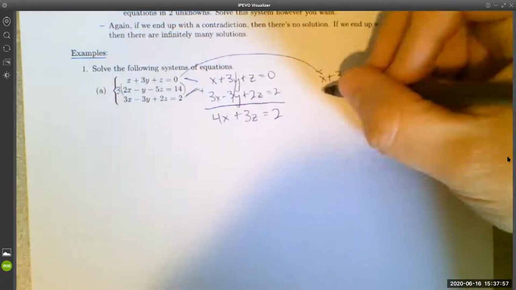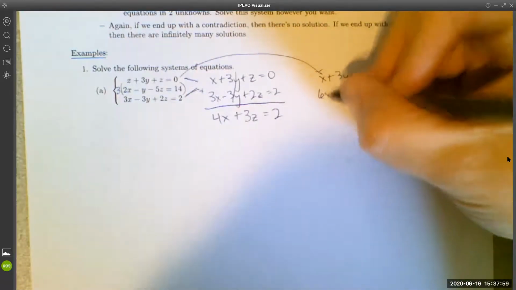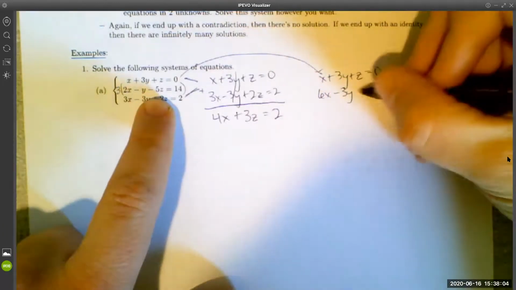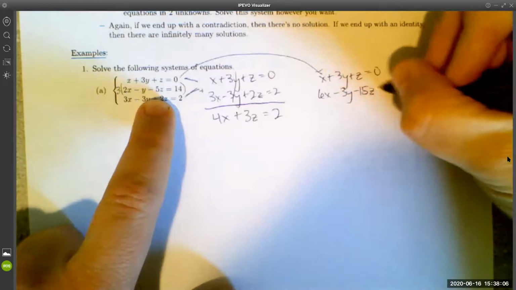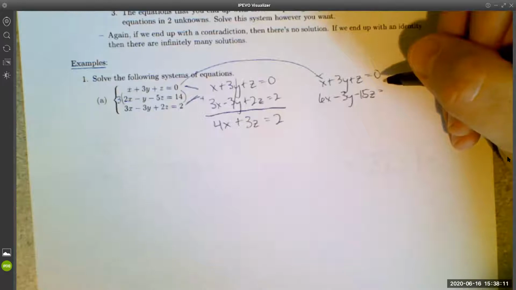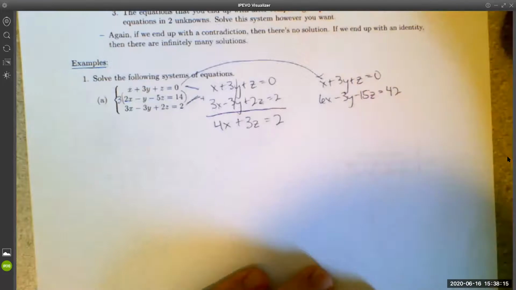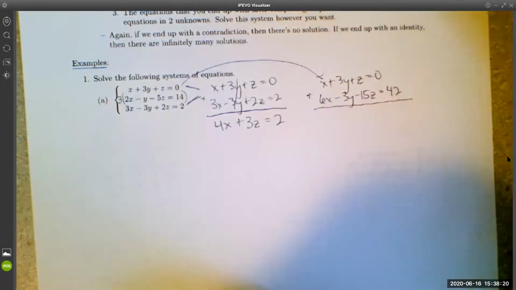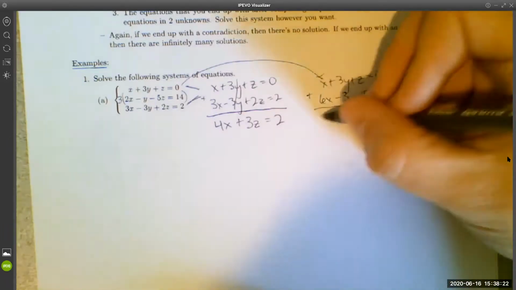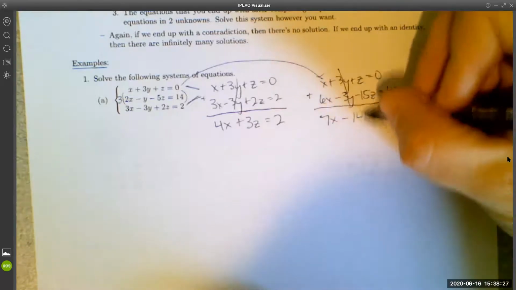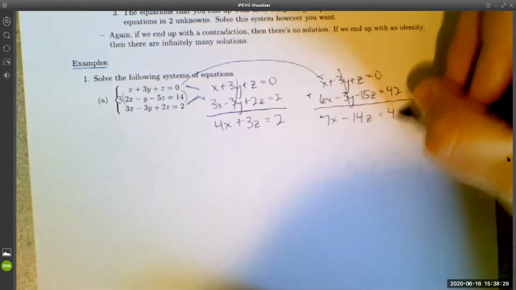But then the second equation is going to become 6x minus 3y minus 15z equals, whatever 3 times 14 is, 42. Okay, we add these up, and we're going to get 7x, again the y's cancel, minus 14z equals 42.